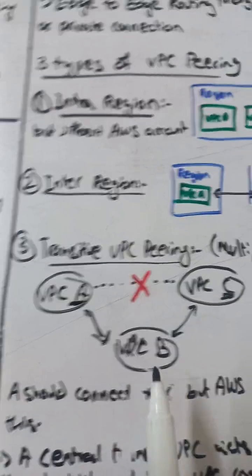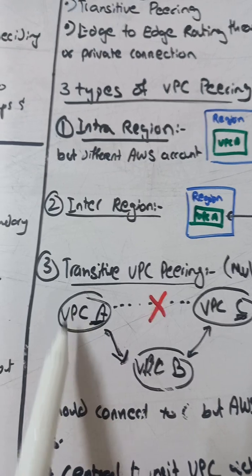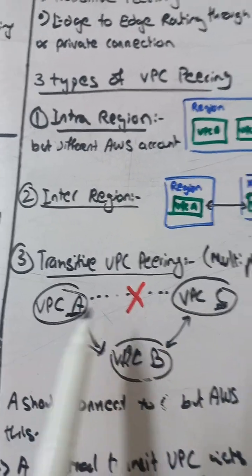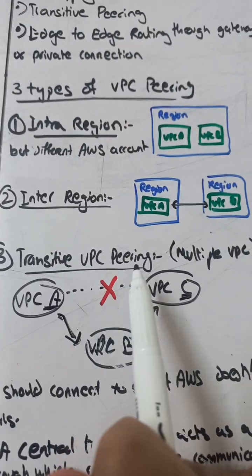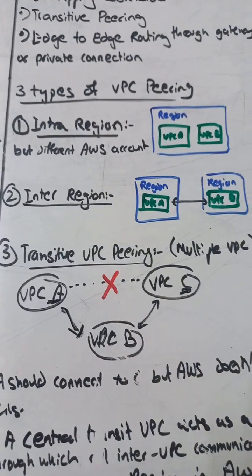If A can talk to B, and B can talk to C, it basically means that indirectly A should be able to communicate with C as well. Transitive VPC peering is not allowed in AWS.